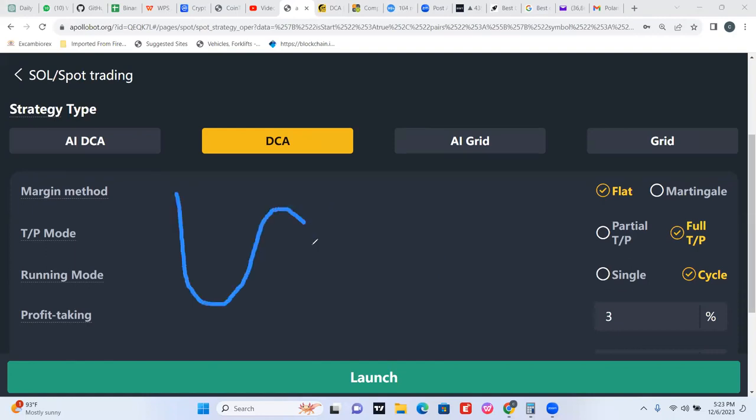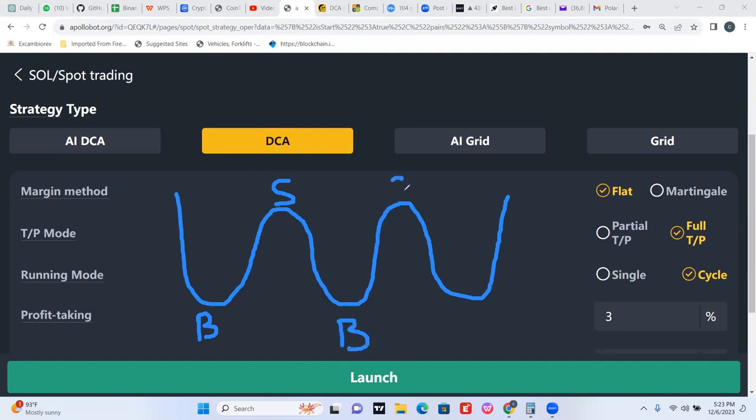So BTC keeps going, you keep buying. You buy here, you sell here, you buy here, you sell here. This is what you call the cycle. It keeps doing this until you are tired.